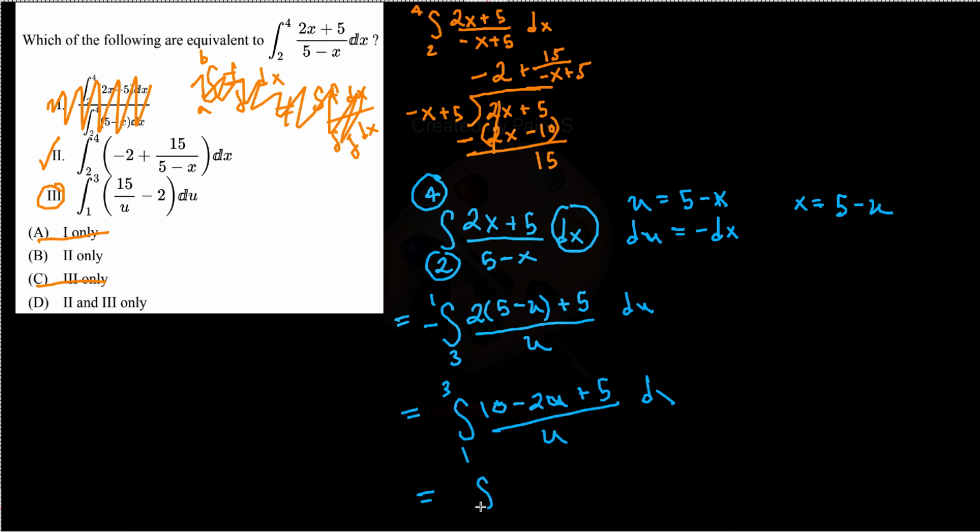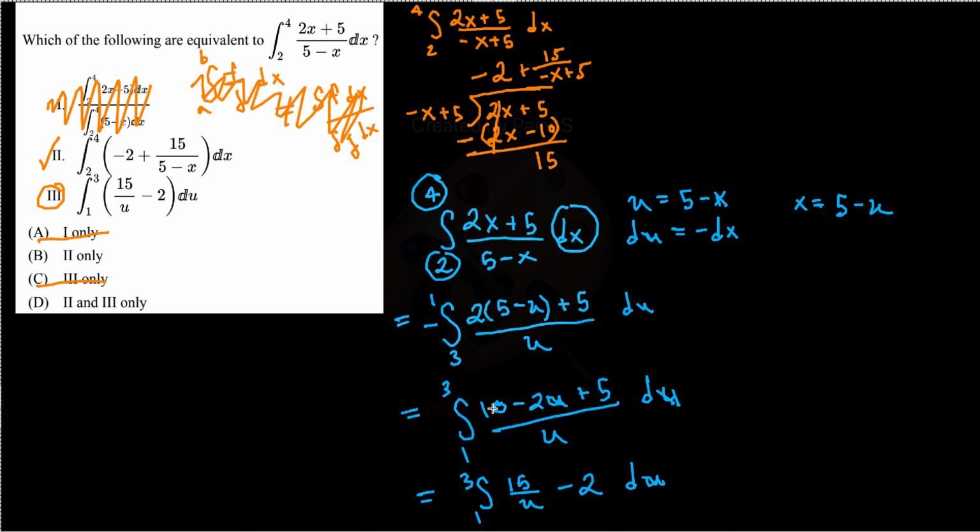When I do the splitting along the numerator, we should see that it's really just 15 over u minus 2. I just continued with this algebra process.